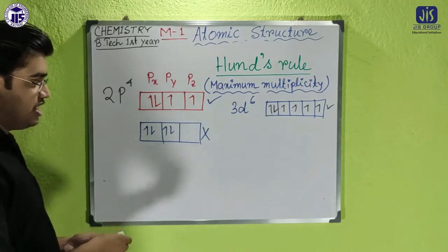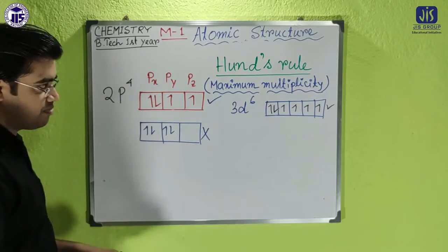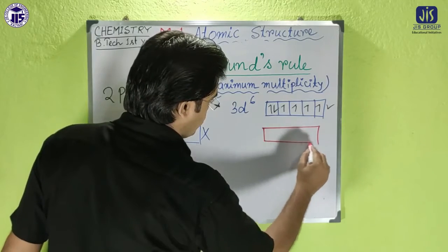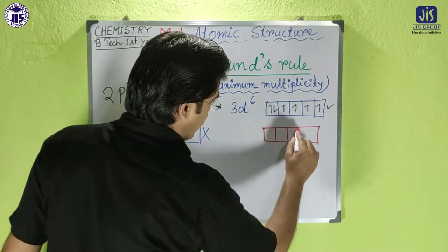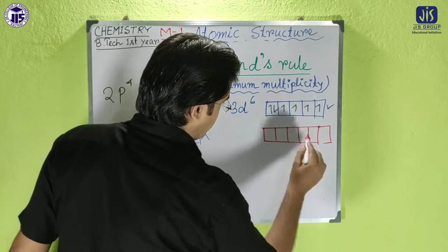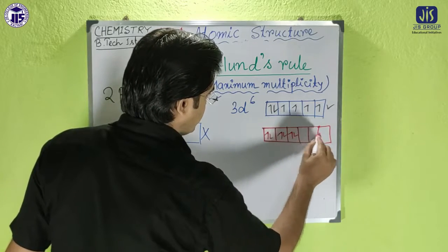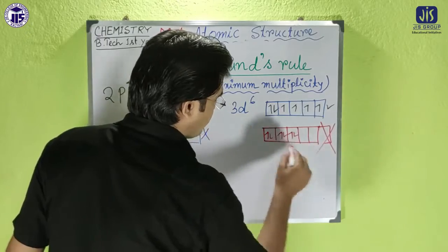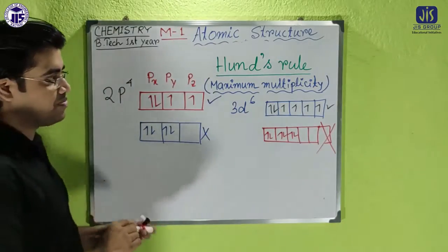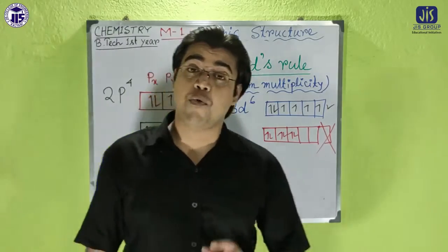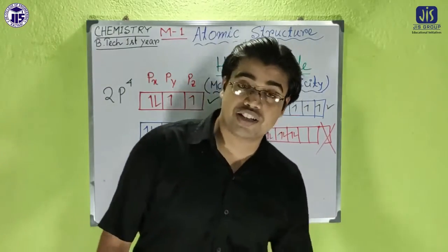But if we write the 3d6 configuration in the other way, putting the electrons 1, 2, 3, 4, 5, 6, that is not the right configuration. So you have to keep in mind that Hund's rule is very, very important for electronic configuration.